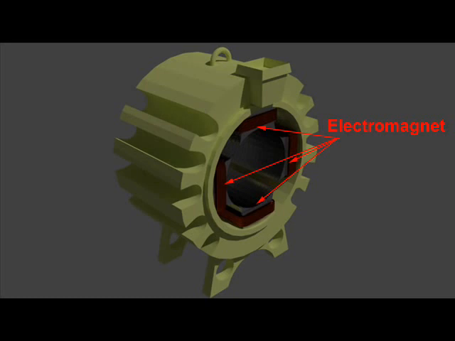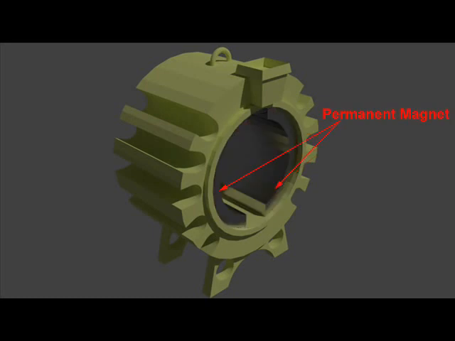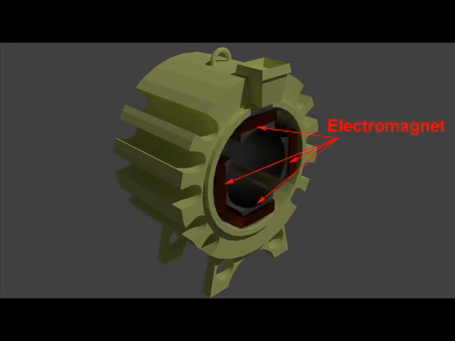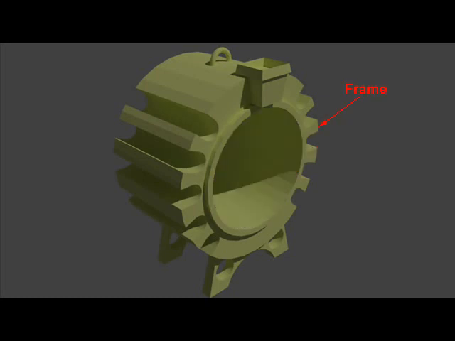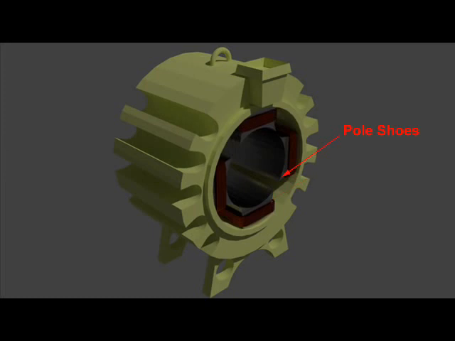Electromagnets are preferred in comparison with permanent magnets on account of their greater magnetic effects and field strength regulation, which can be achieved by controlling magnetizing current. Field magnet system consists of four main parts: yoke or frame, pole cores, pole shoes, and magnetizing coils.